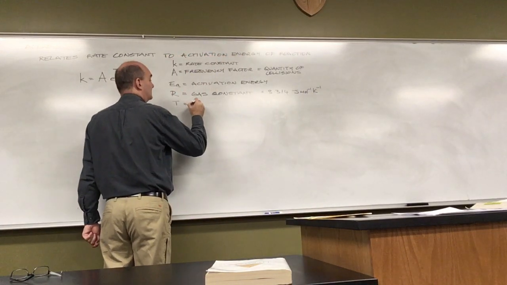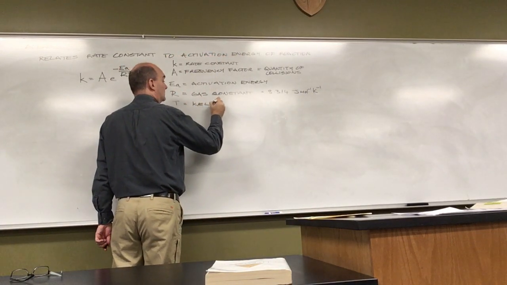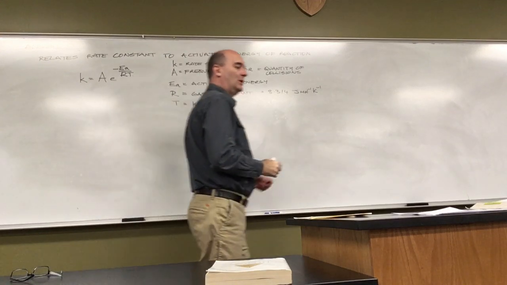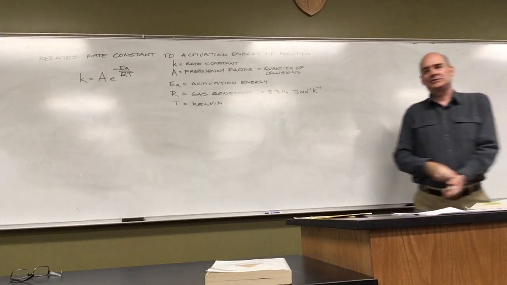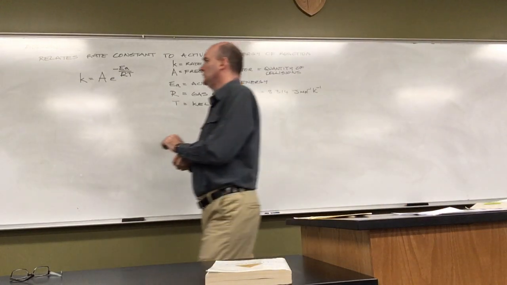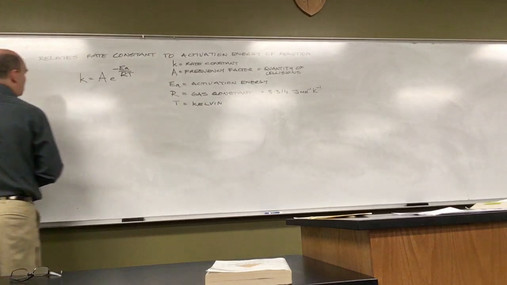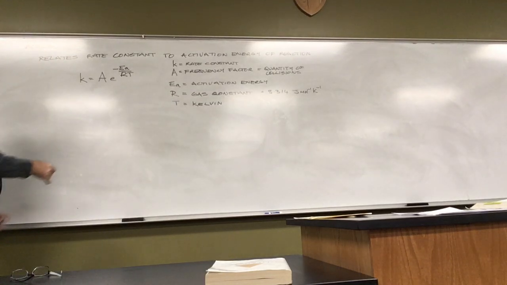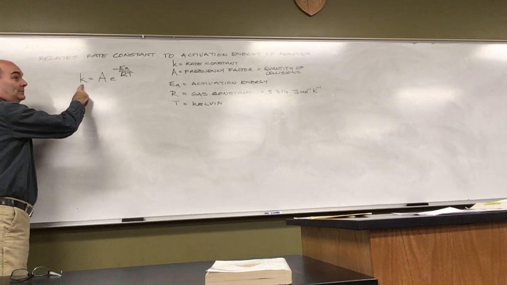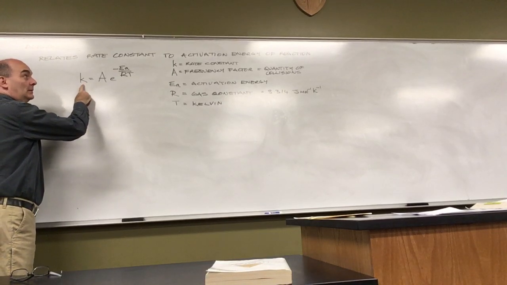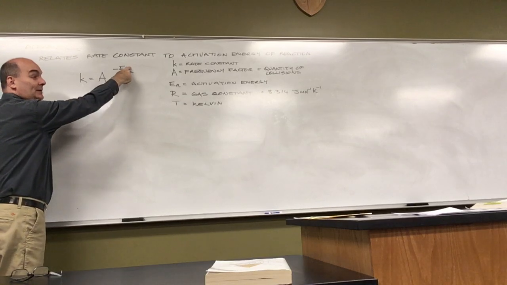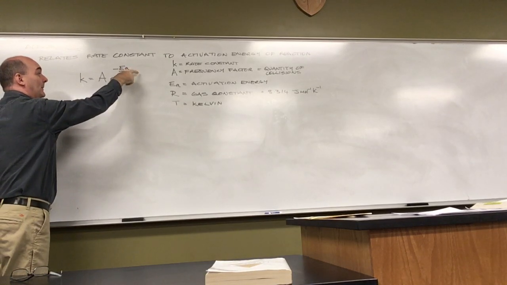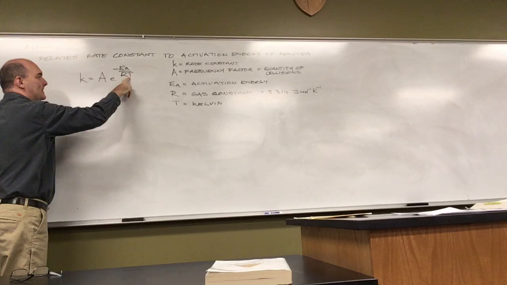And T is our temperature in Kelvin. Okay, so this is what he used to relate this useful number to that kind of hidden number.